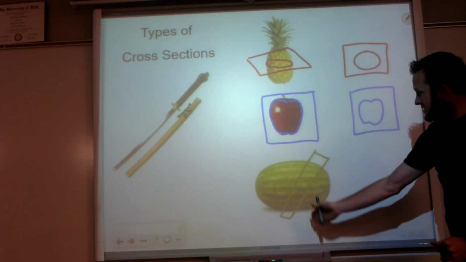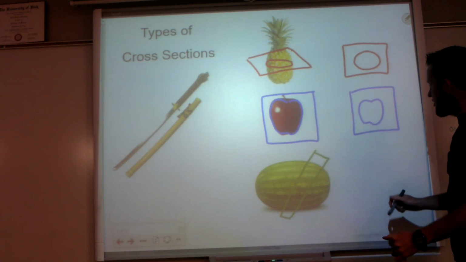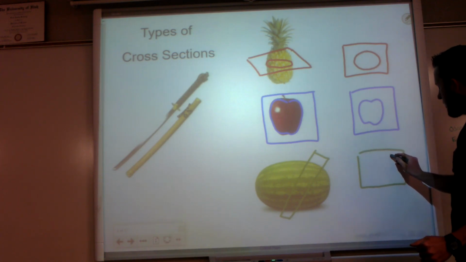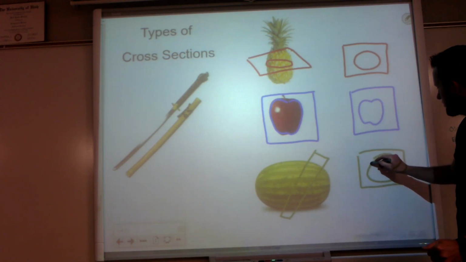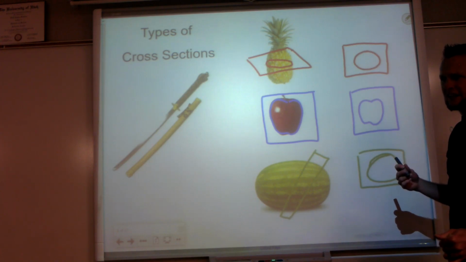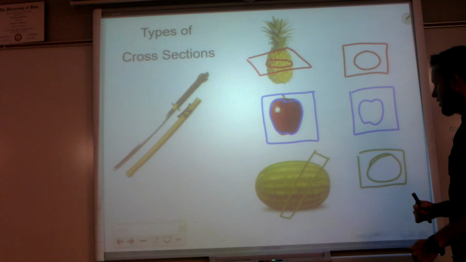If I'd gone straight down, it probably would have made a circle. But now that I've gone diagonally, that circle gets a little skewampus. That's an oval, better known as an ellipse. It's better for you to call it an ellipse because that's what we're going to call it moving forward.